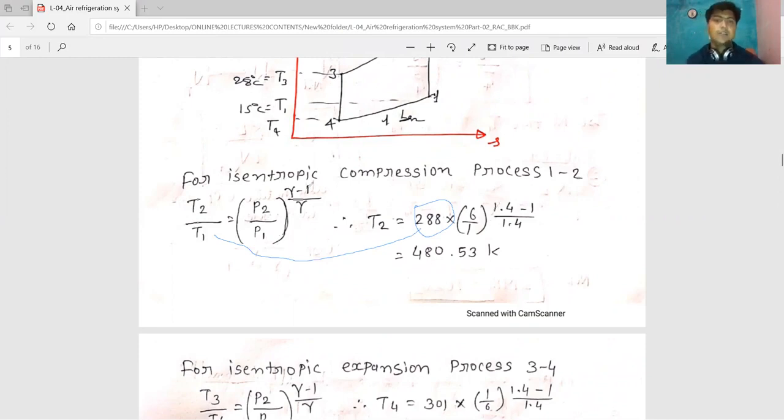Gamma for air is 1.4, so the exponent is 1.4 minus 1 divided by 1.4. Finally, T2 is equal to 480.53 Kelvin.